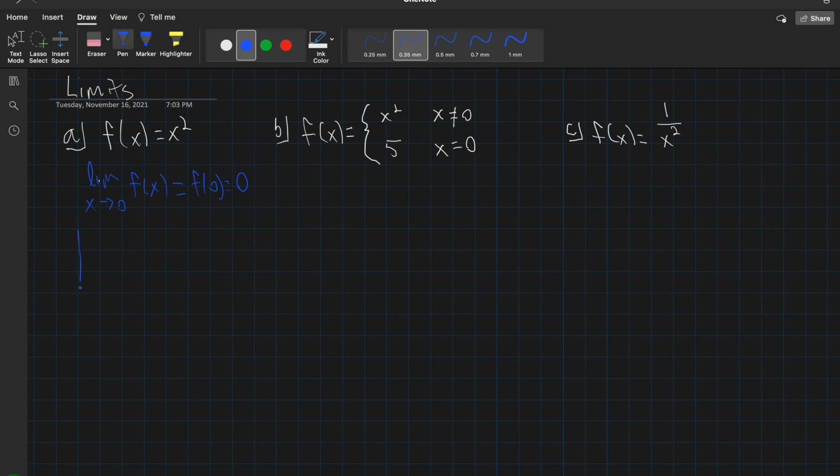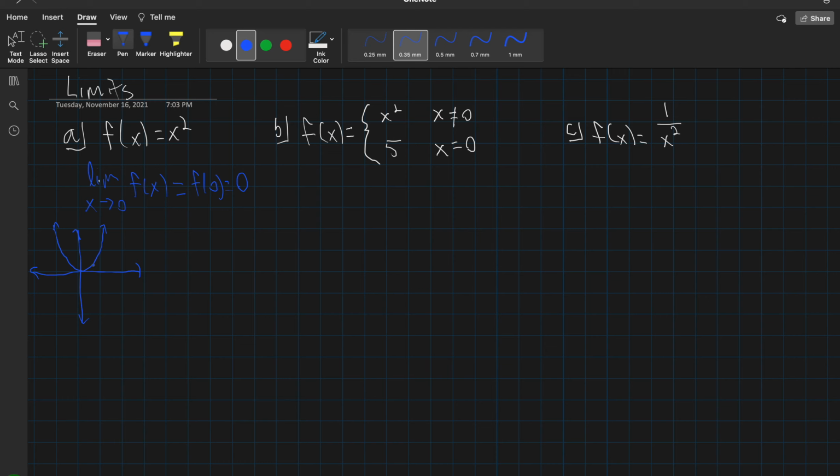So let's try and graph this just to double check our conclusion. Our graph here is going to look something like this. And we can see that the best strategy here is actually to go from the right and left as per our definition of the limit.